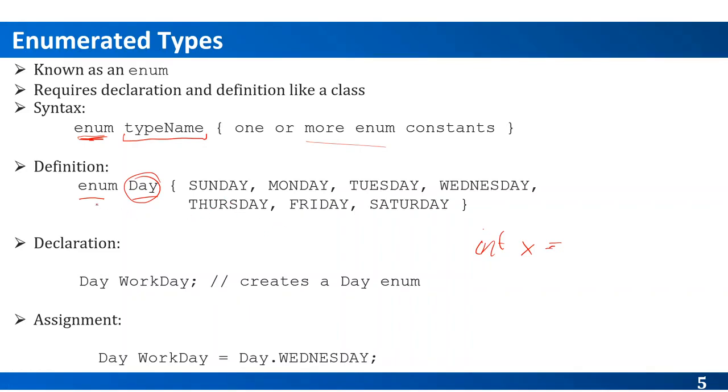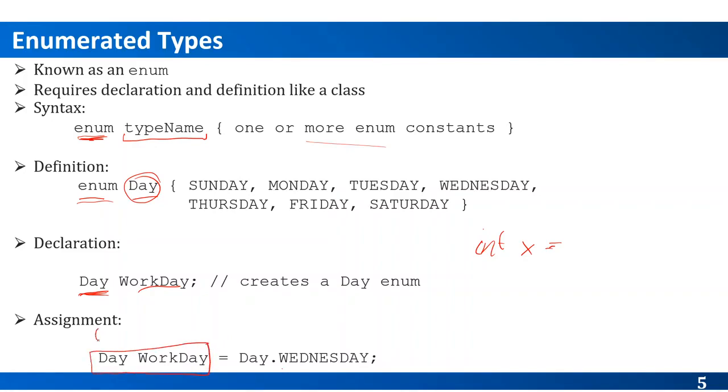All right, so once you declare this data type, what you can do later on is declare variables that will be taking values out of this data type. So I could define a new variable workday of type day. And this workday is going to be the value Day.WEDNESDAY. All right, so here are a couple of things. First, the first part of this looks like any declaration statement, right?